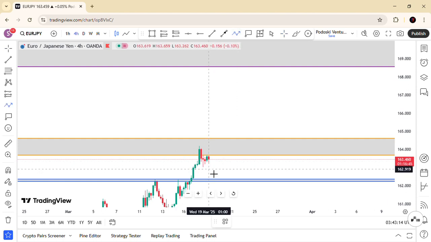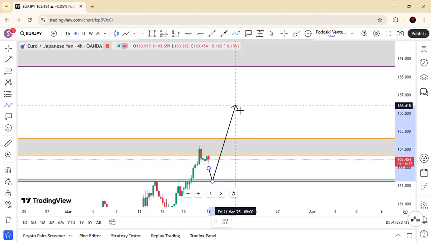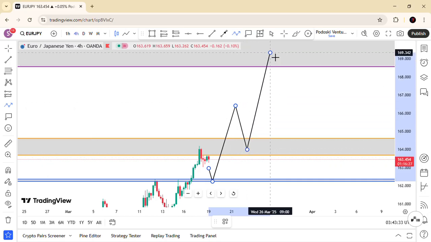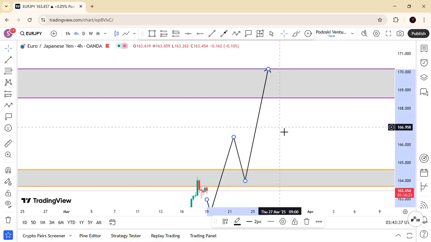We wait for price to drop and touch this 4 hour breakout zone, break out of the weekly resistance, drop for a pullback or a retest at the weekly resistance, then we pick our entry from here all the way up to the monthly resistance.